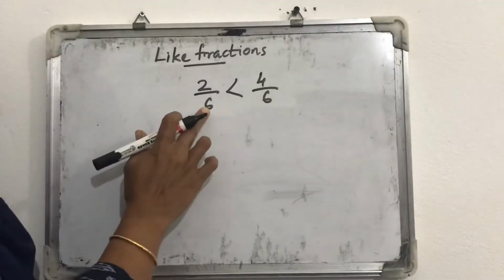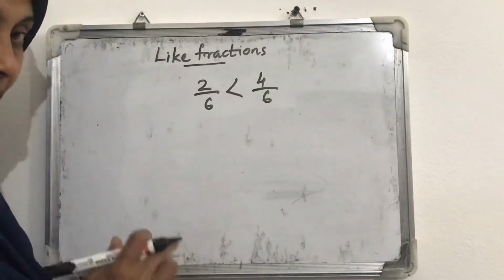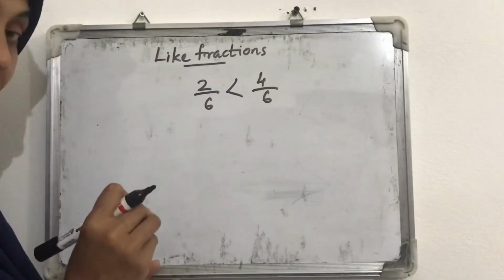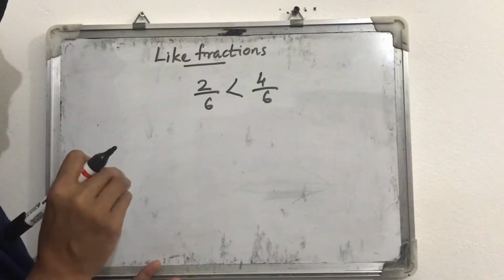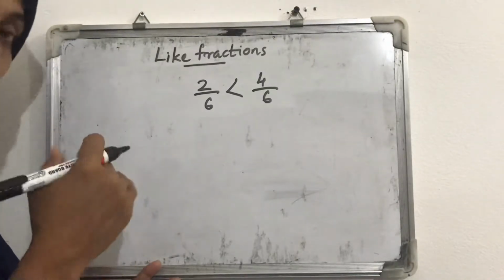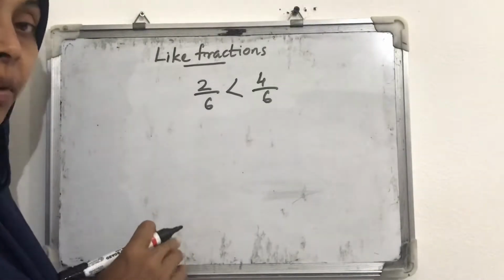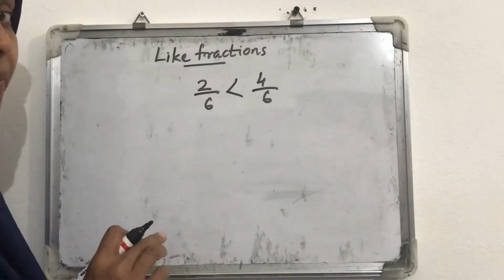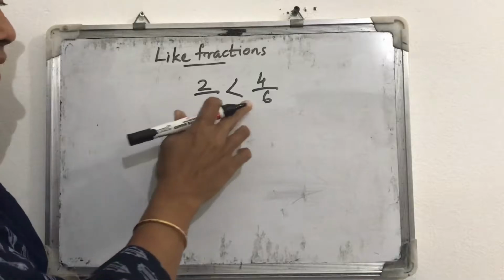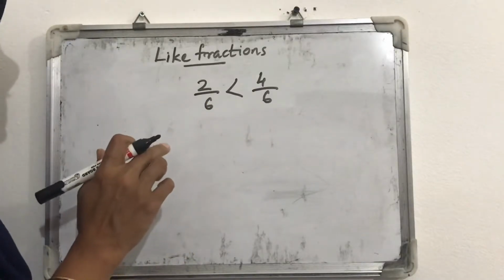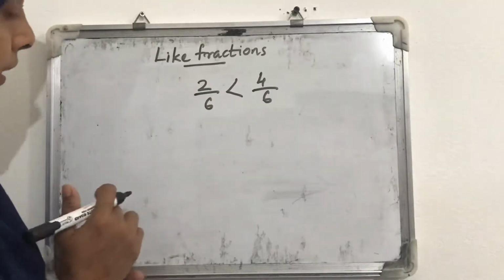Now here we can see the two denominators are same. Any two or more fractions with the same denominators are called what? Like fractions. If the denominators are same, then those fractions are called like fractions.